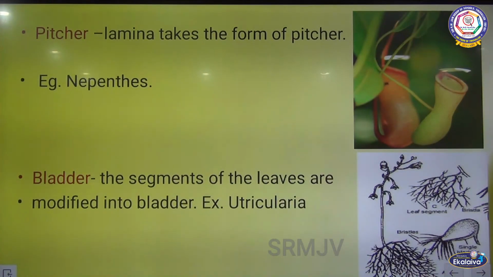In the picture you can see the leaves are so segmented, and on some of these segments you can see a small bladder-like structure. It is nothing but the leaf segment which is modified to form a bladder-like structure, and this bladder traps the aquatic animalcules which come in contact with it. So it is a form of leaf modification.